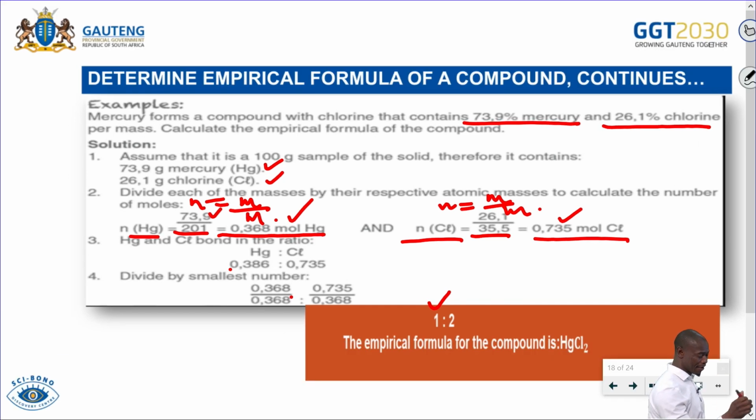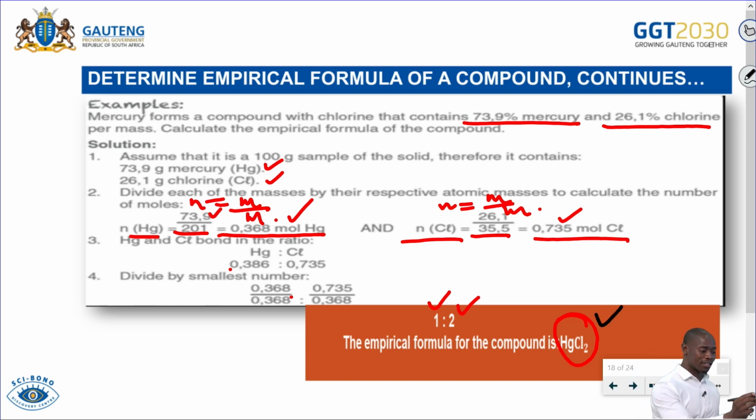So hence here we're having 2. So the ratio of atoms of mercury to chlorine is 1:2. If it's 1:2, then the compound would be what? This one, which is Hg. How many mercury atoms are there in that compound? It's 1. How many chlorine atoms are there? It's 2. So it's HgCl2.